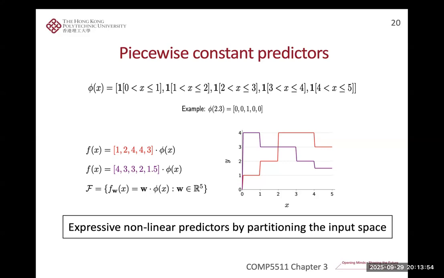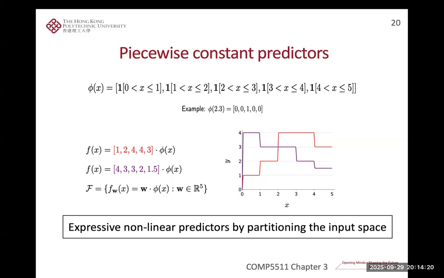We just partition the input space into different regions to approximate this piecewise constant curve. But abstractly, this predictor is still the same as what we defined, linear models. So, is it still linear?